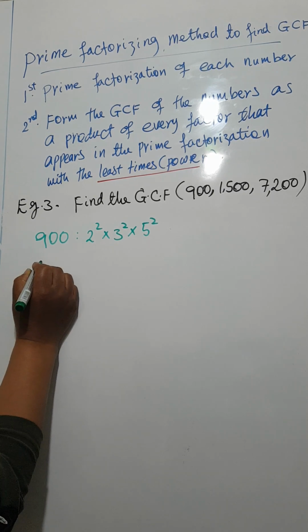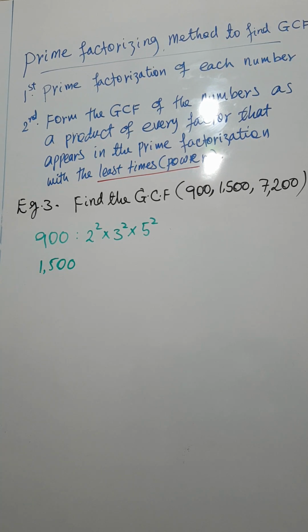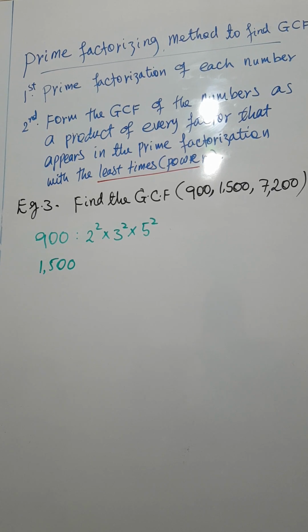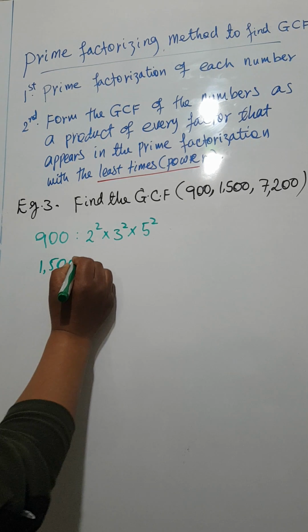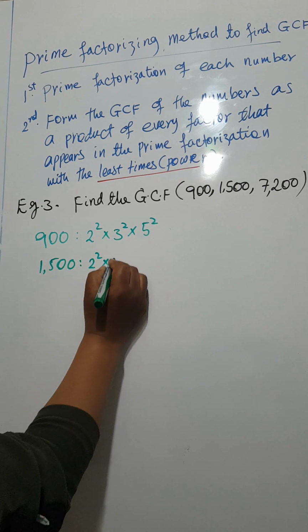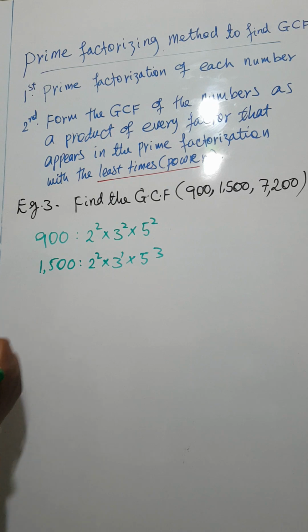The factors of 1,500 are 2 to the power of 2 times 3 to the power of 1 times 5 to the power of 3.